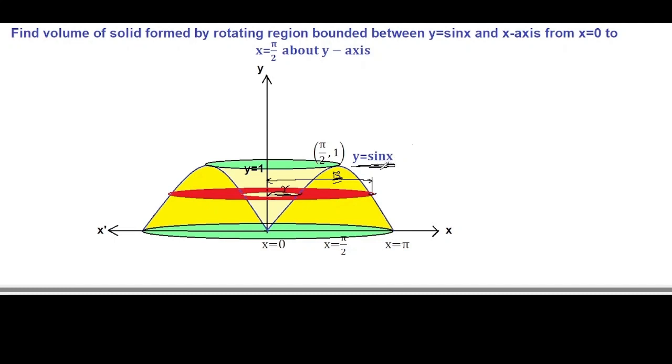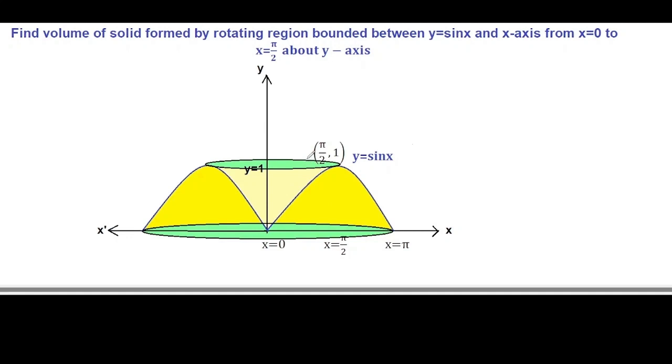So that's why we are going to use the cylindrical or shell method to find the volume of the solid. As the disc method is not applicable here, we are going to use the cylindrical or shell method.